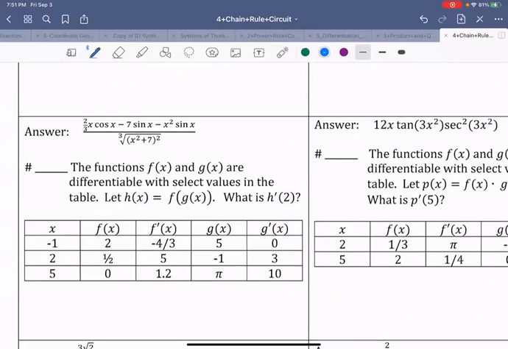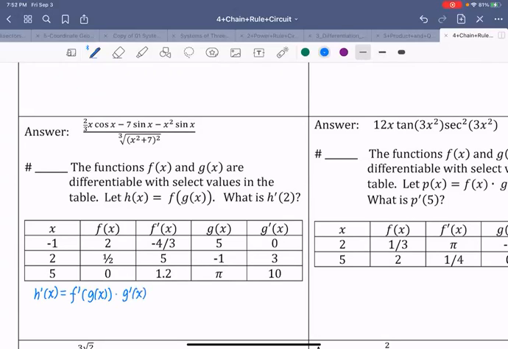H prime x equals f prime g of x, then times the derivative of g of x, derivative g x.